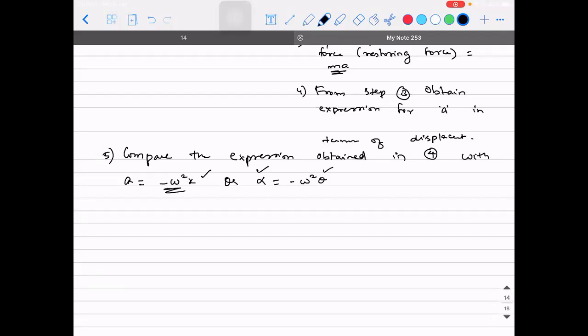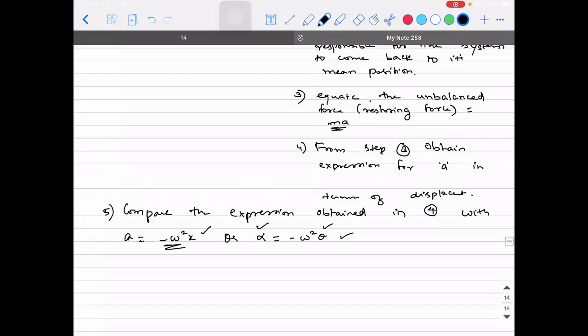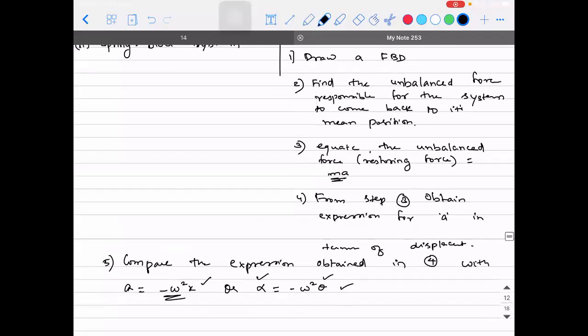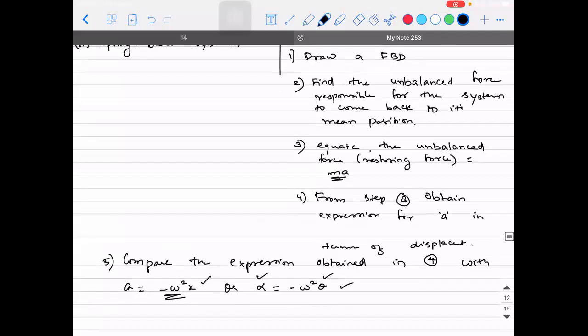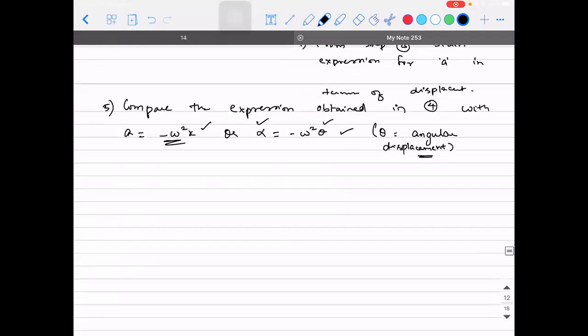If rotational, you will get alpha equal to minus omega square theta, where theta is angular displacement.